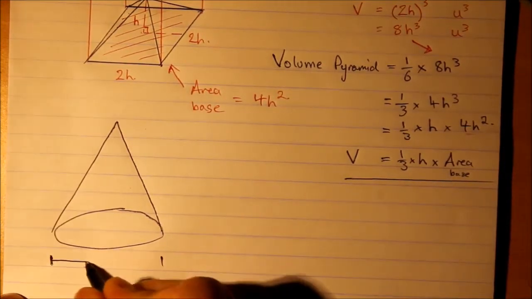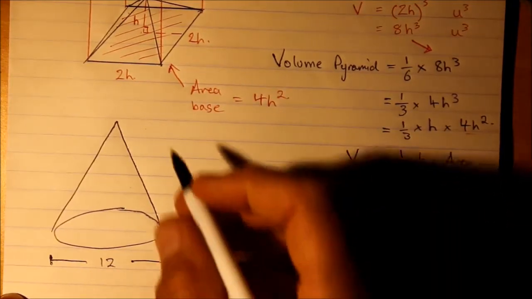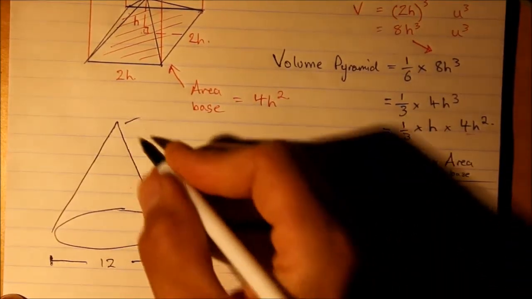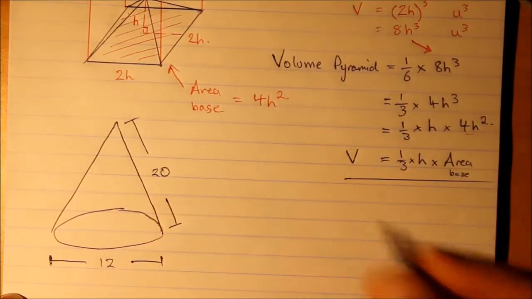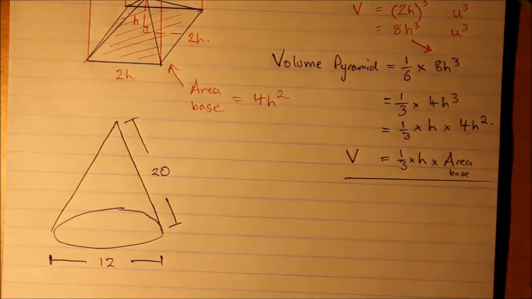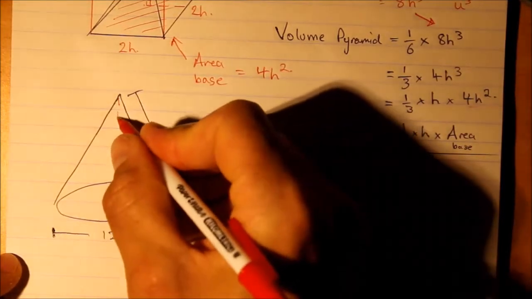We'll say that that can be 12, and we'll call the slanty height here 20. Well, in order to solve this problem, we're going to need the perpendicular height. Okay, so that's this part here.